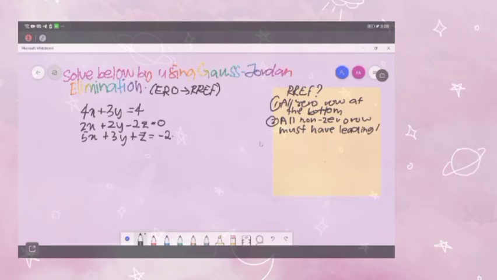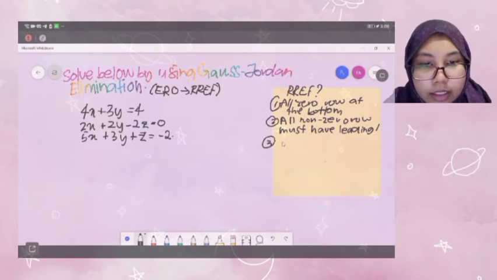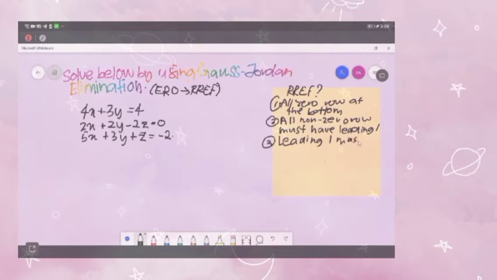Third, the leading one must move progressively to the right.